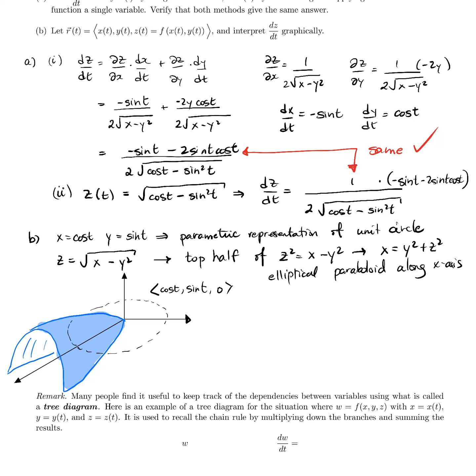And so this unit circle, if we project that up onto the surface, so if we take our curve r of t and make this, well, let's be explicit, x is cos of t, y is sine of t, just like in the unit circle, but now we take those points and we put them into the function. z is f of cos t, sine t.